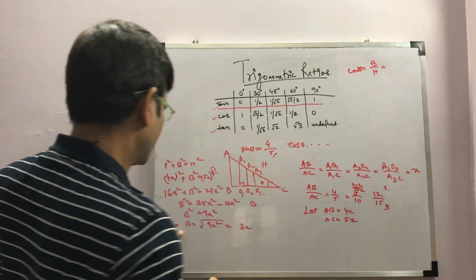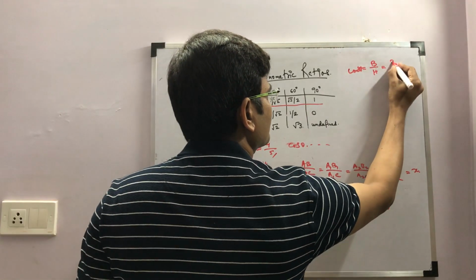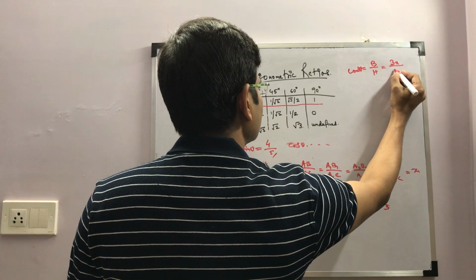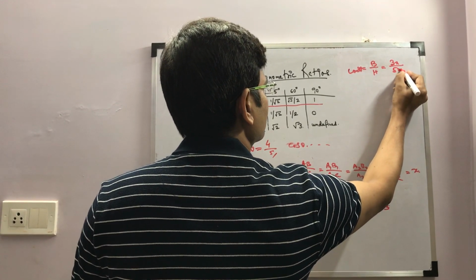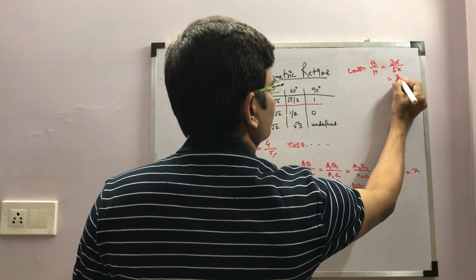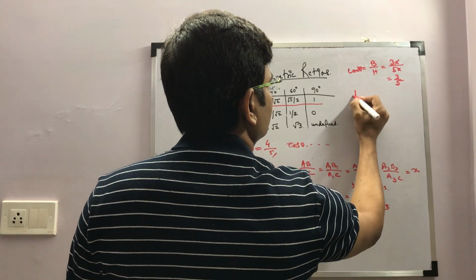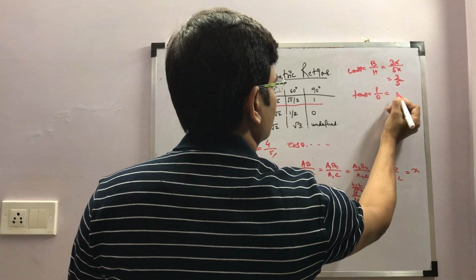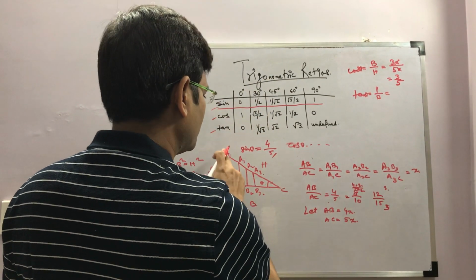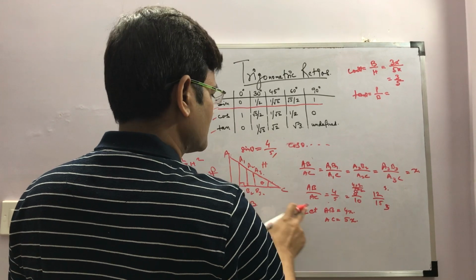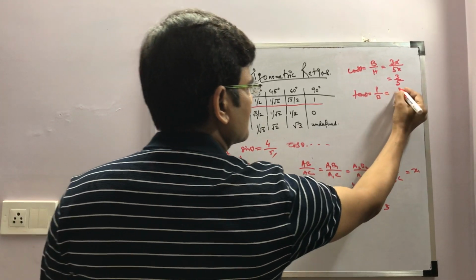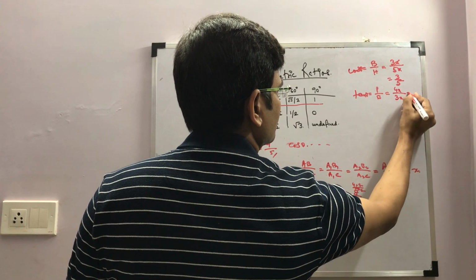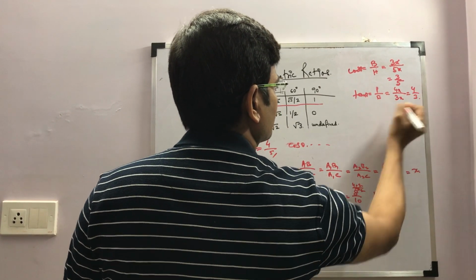BC we calculated, right? 3x by hypotenuse 5x, that is 3 by 5. Tan theta, if they ask, is perpendicular by base. Perpendicular is AB, 4x, by 3x, that is 4 by 3, and so on.